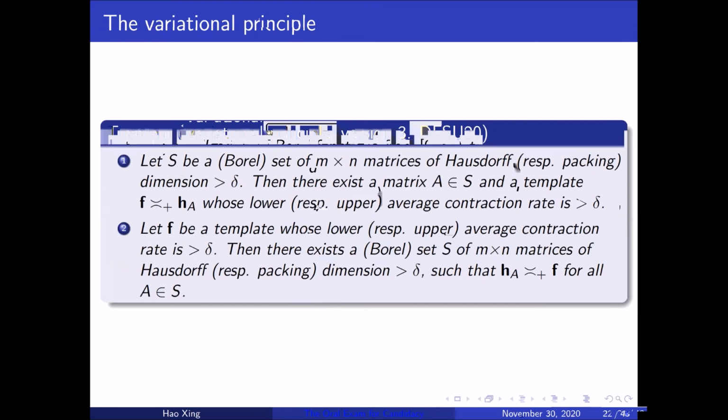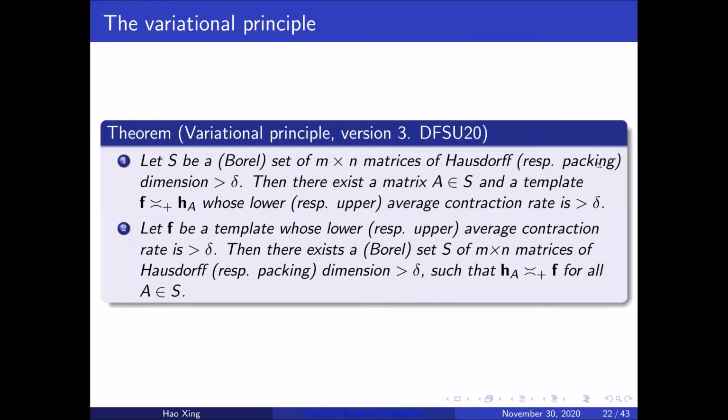Version 3 is about the relation between the Hausdorff and packing dimension and the lower and upper contraction rates.